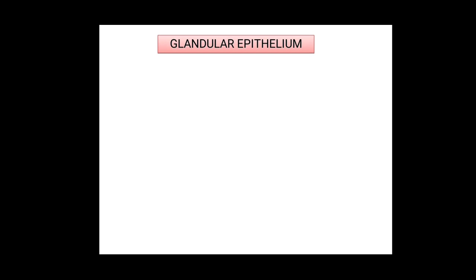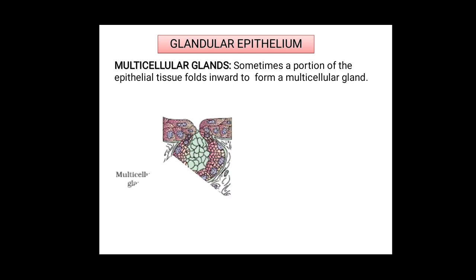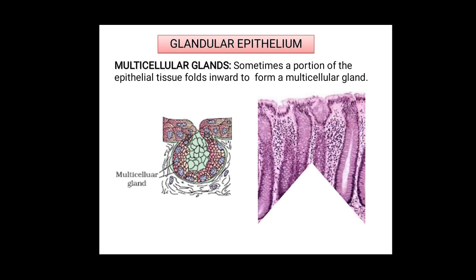Then you have the second type of glandular epithelium, that is multicellular glands, where what is happening? The epithelial tissue has got modified into a multicellular gland. Here you can see it has just gone inside and all the cells have started secreting.